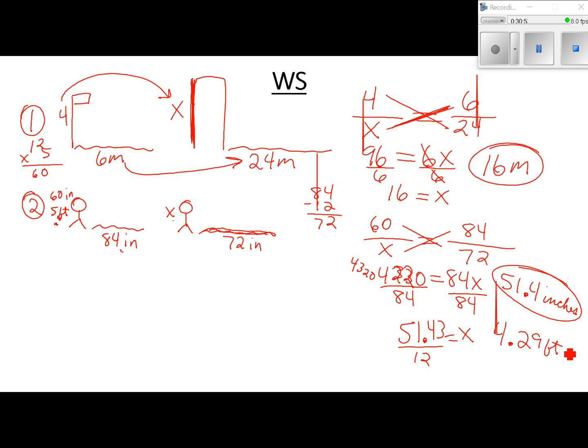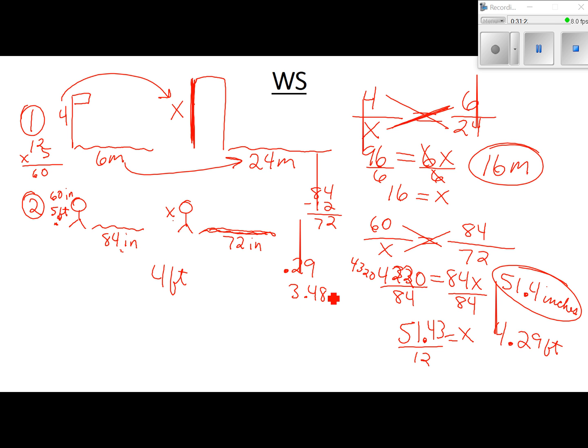But for those of you who want to overachieve a little bit, we know it's 4 feet, and then that 0.29, we take it and multiply it by 12 because there's 12 inches in a foot. So 0.29 times 12 on our calculator, we come out with 3.48.